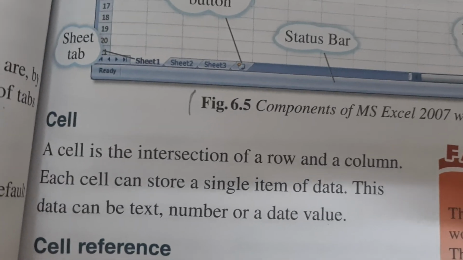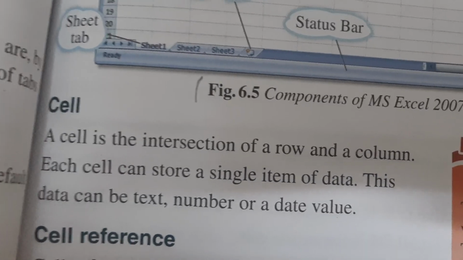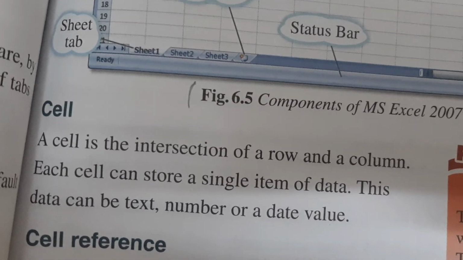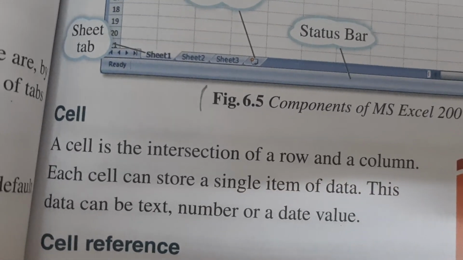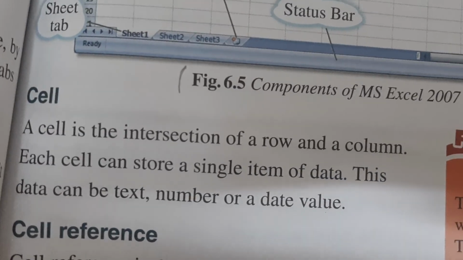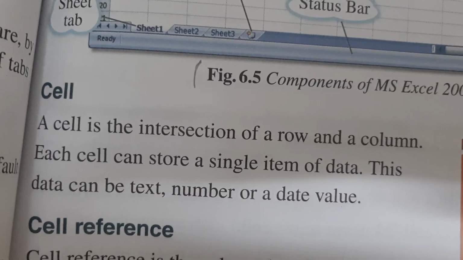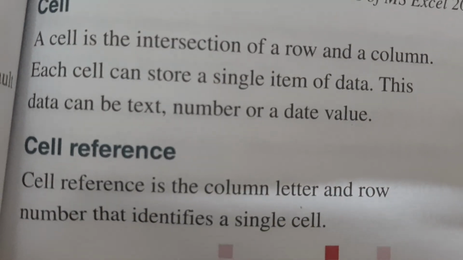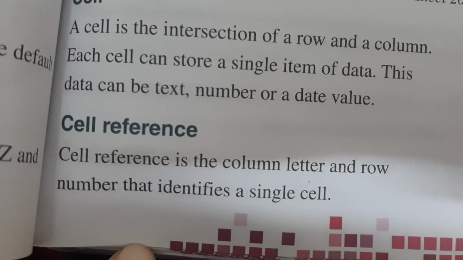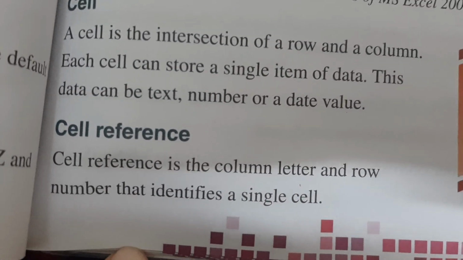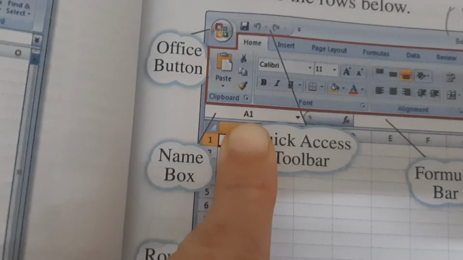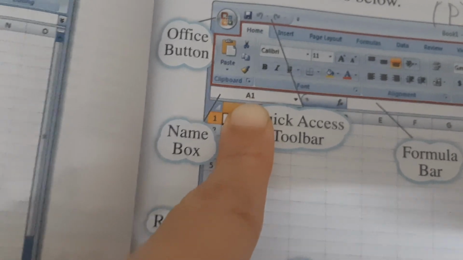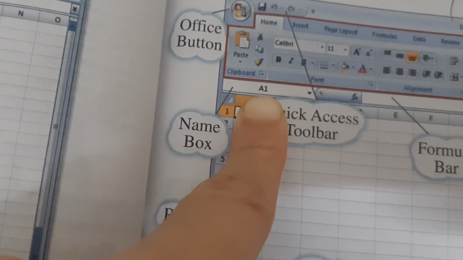A cell is the intersection of row and column. Each cell can store a single item of data. This data can be text, number, or a date value. Cell reference is the column letter and row number that identifies a single cell. As you can see in figure 6.5, this one is cell reference.